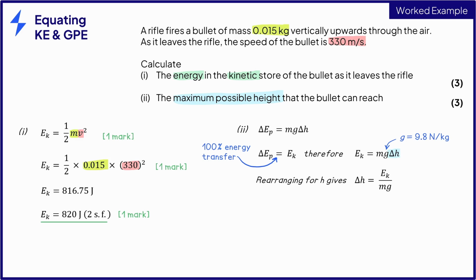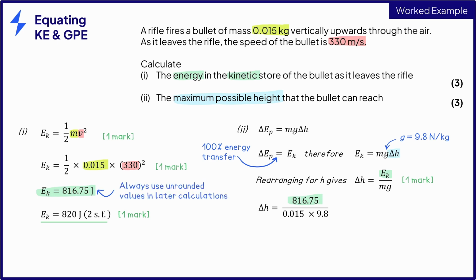The correct rearrangement will earn you 1 mark. Next, we substitute in the known values. We've got kinetic energy, and notice how we use the unrounded value here to avoid compound rounding errors. That's divided by mass at 0.015 kilograms times gravitational field strength at 9.8 newtons per kilogram. The correct substitution will earn you that second mark.